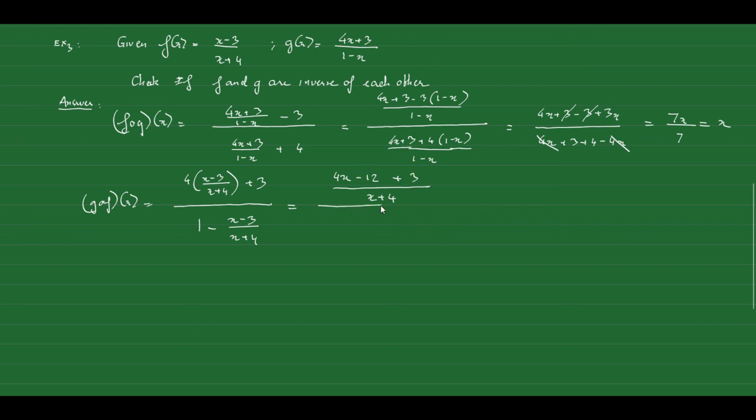In the bottom I have, finding LCD, x plus 4 minus (x plus 3). Distribute the minus in. So I keep, change, flip. So I have 4x minus 9 over 7.